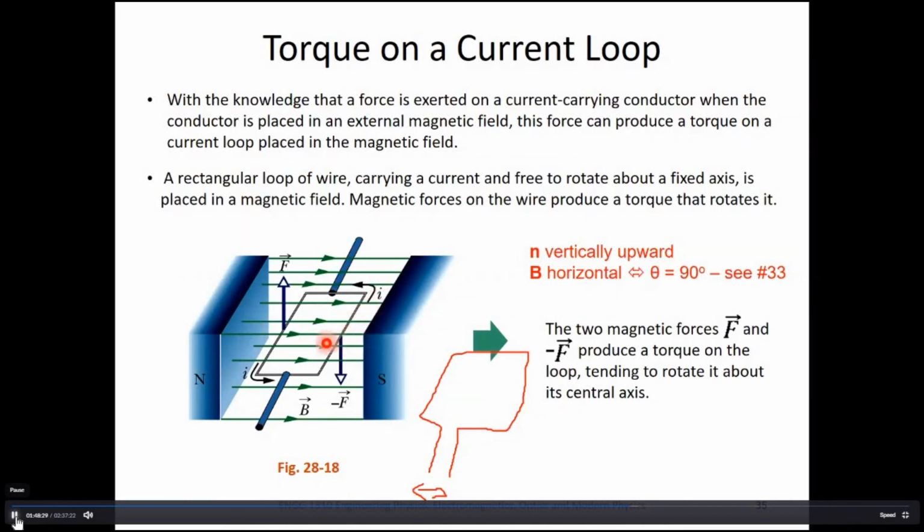Another definition is the n vector, which is defined as perpendicular to the area of the loop. If you still remember the flux, we need the B field multiplied with the A vector, the area vector over the absolute value of the area. That would be the n vector.